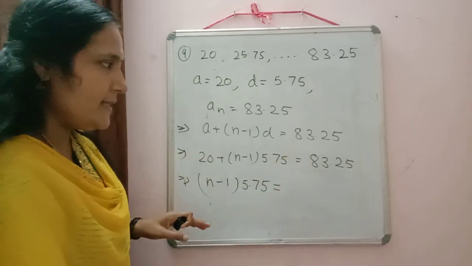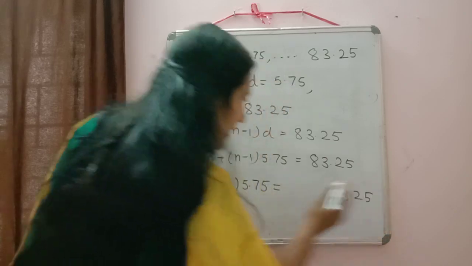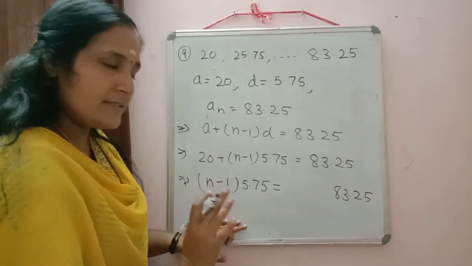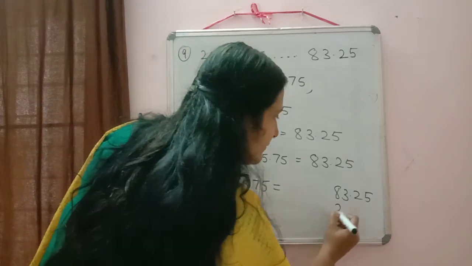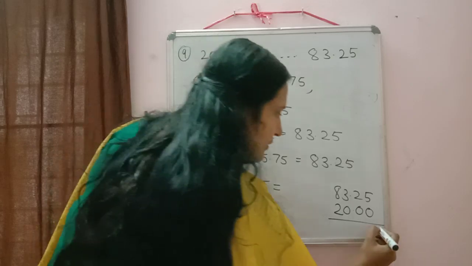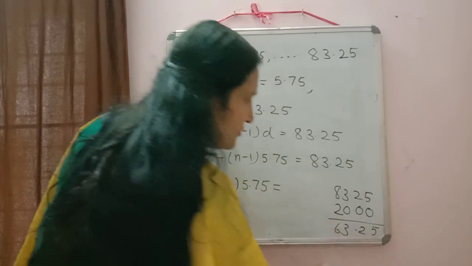83.25 minus 20. So subtraction I am showing here. 83.25, in 20 decimal is not there, but decimal sign we cannot change there. So if decimal is not there, we can write 20 as 20.00. So it will be 5, 2, 3, 8 minus 2, 6.